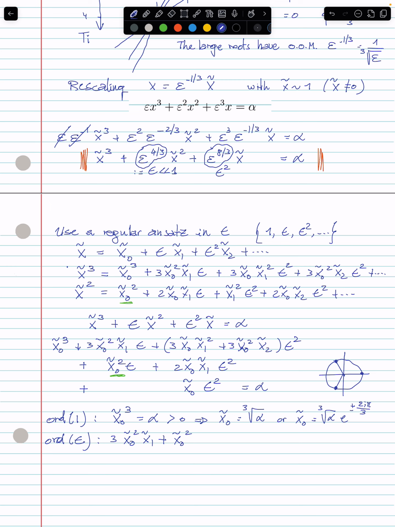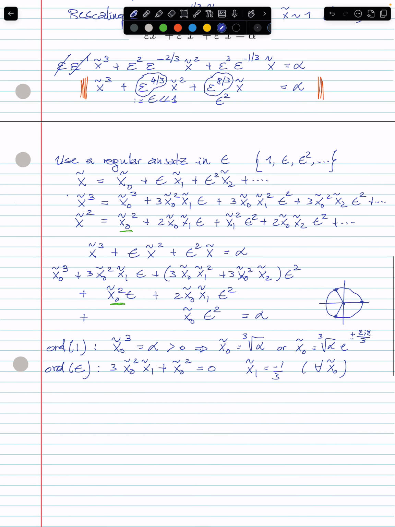All right, I just combined here the two terms over here. This needs to be equal to 0. Because x0 tilde is different from 0, we have x1 tilde is equal to minus 1/3. No matter what we have for x0. That's quite interesting.